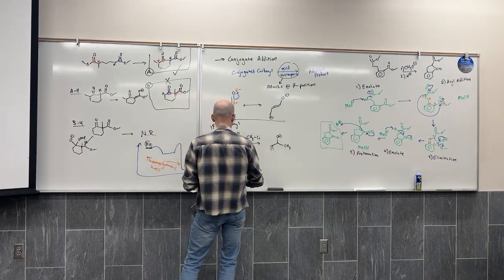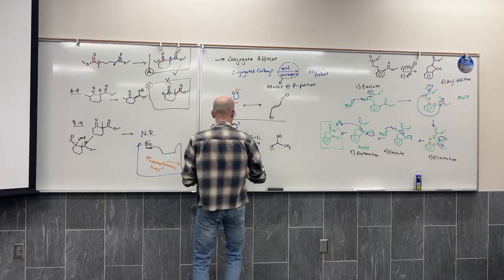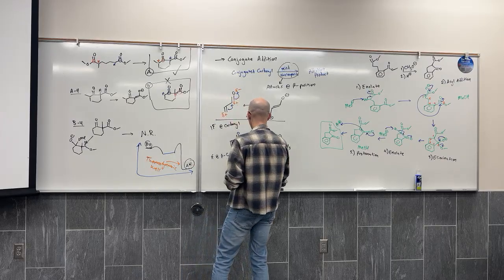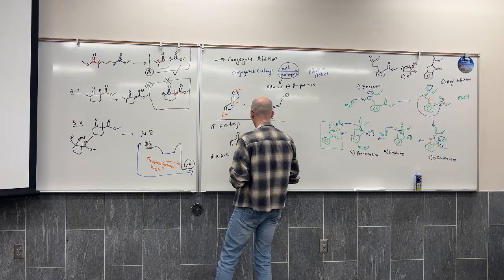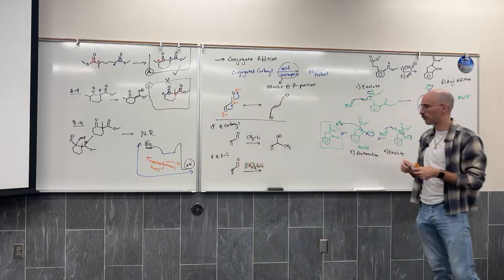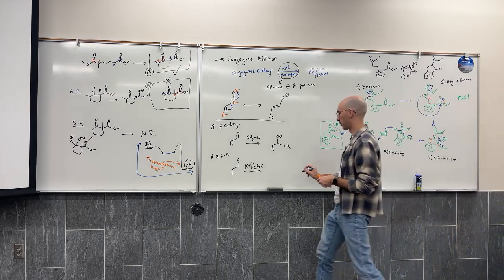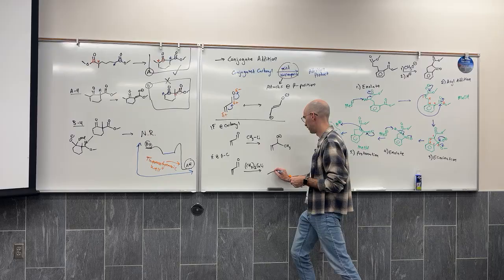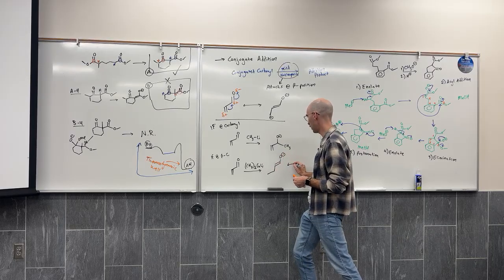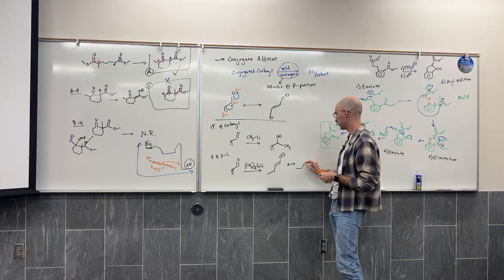If we attack at the beta carbon, though, and this is what happens when we use something more moderate, like a lithium organocuprate. Cuprates are not the same type of nucleophile as our other organometallics. Well, look at that. There's resonance.